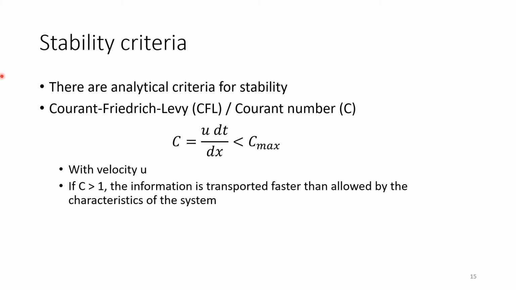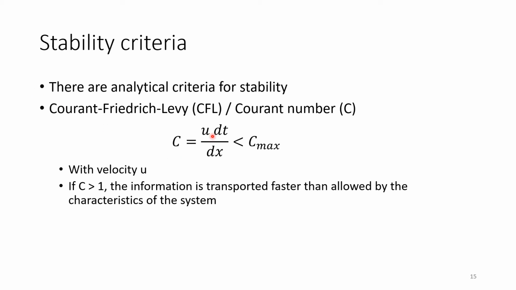Now I used this term of the maximum allowed time step, dt max, for the stability of an explicit scheme a couple of times. But how did I come up with this maximum time step? The point is, there are analytical criteria for stability. The most common one you will come across is the Courant-Friedrichs-Lewy criterion, short CFL, on the so-called Courant number.